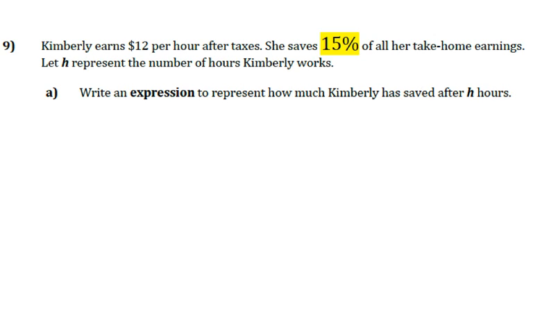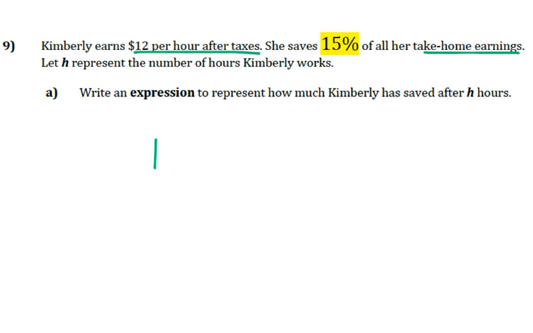Number 9. Kimberly earns $12 per hour after taxes. She saves 15% of all her take-home earnings. Let H represent the number of hours Kimberly works. Write an expression to represent how much Kimberly has saved after H hours. We know Kimberly earns $12 per hour after taxes. So that would be called her take-home earnings.